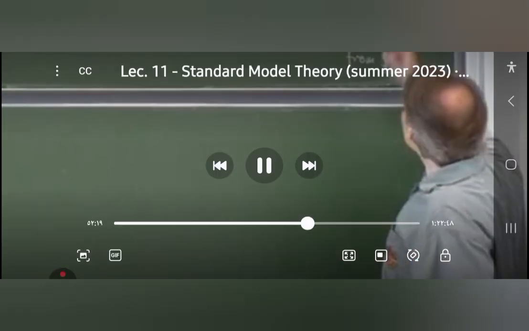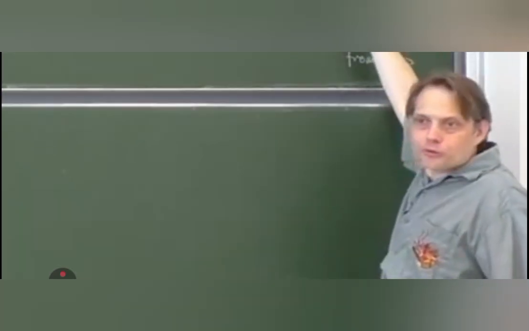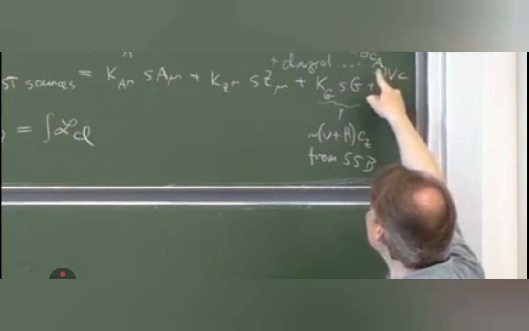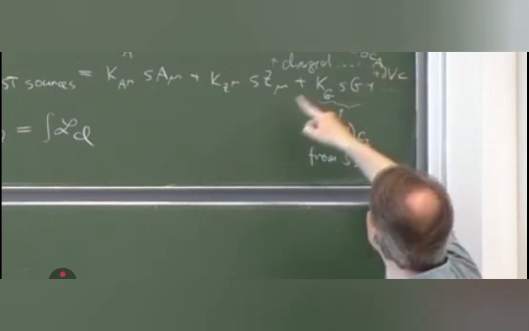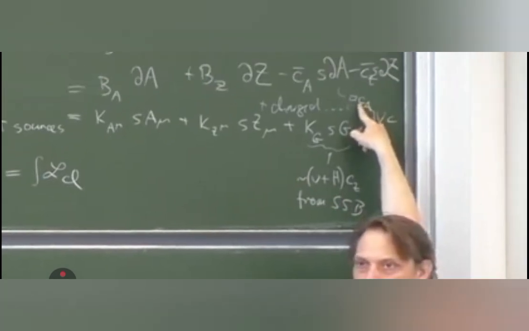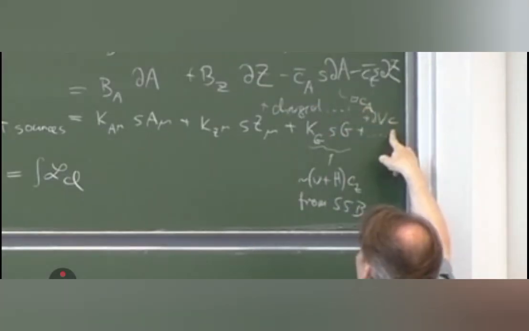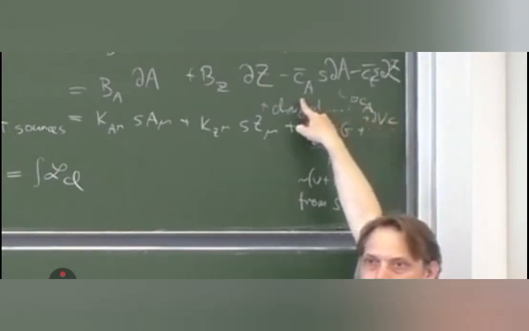Even though it's the photon, the theory is non-abelian here in the standard model. And so there are such terms. And so if you take the derivative with respect to the ghost, then you get from here a term that would be linear, and from here a term which is actually non-linear.